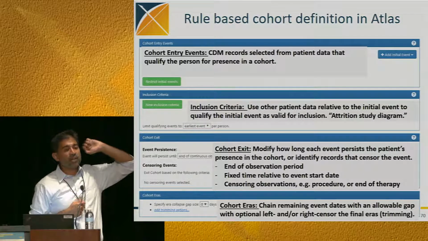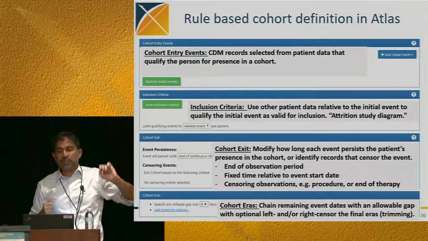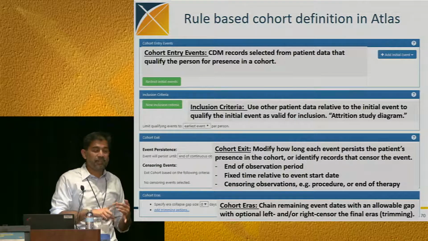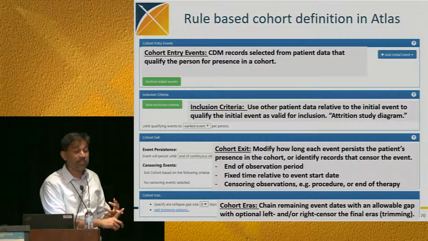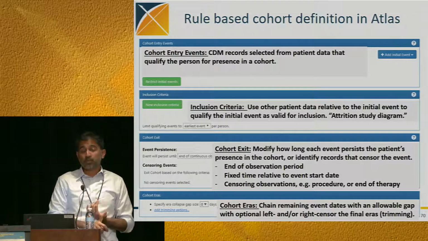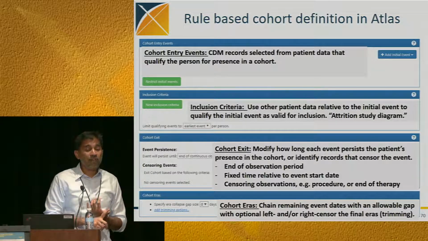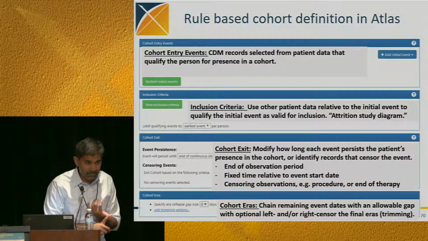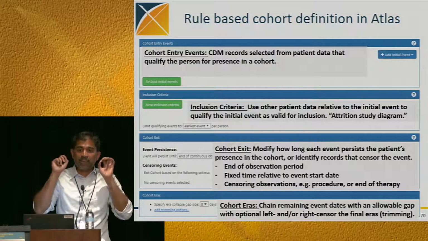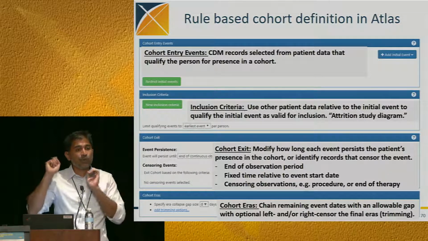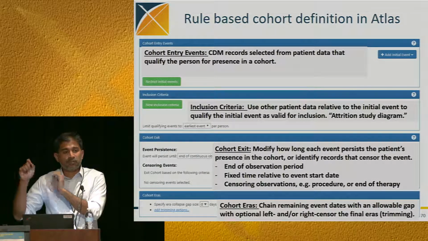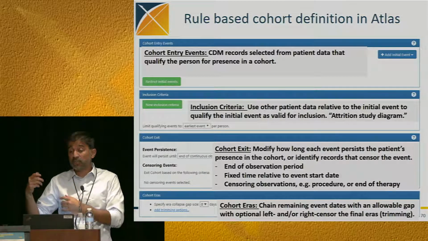If you think about the common data model, there are different tables. There is the visit occurrence table, the visit detail table, condition occurrence table, procedure occurrence table, drug exposure table, and so on. All of them have person-level data, time-stamped by a date for a certain visit concept, drug concept, procedure concept, or condition concept.